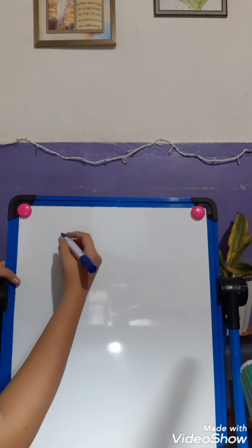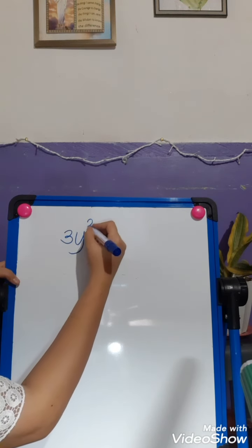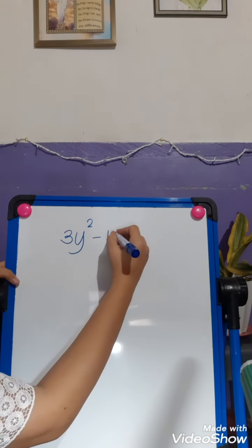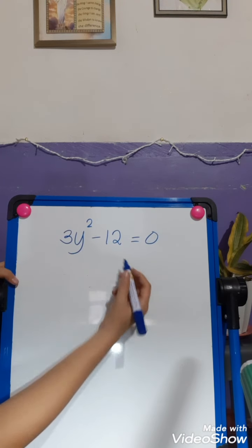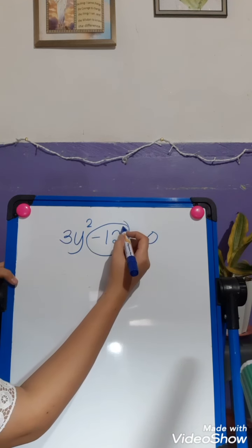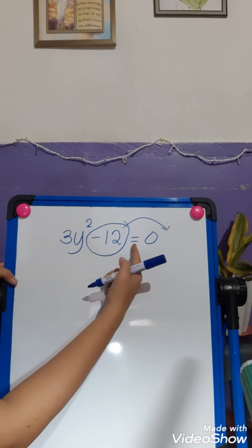Another example for activity 3, page 2, still under extracting square roots. When we have 3y squared minus 12 equals 0. Again, we'll start with transposing this number on the other side of the equation, or itabok na siya sa tulay.